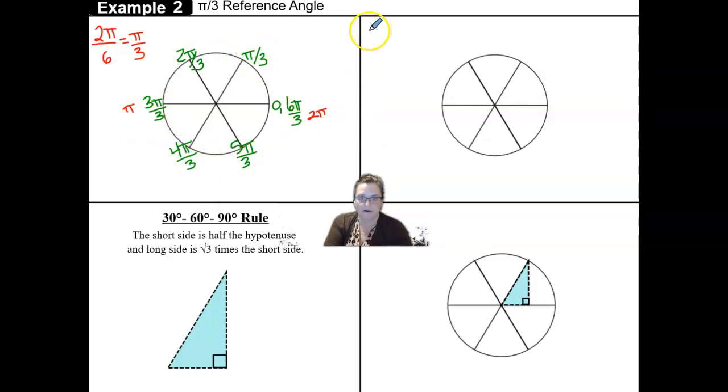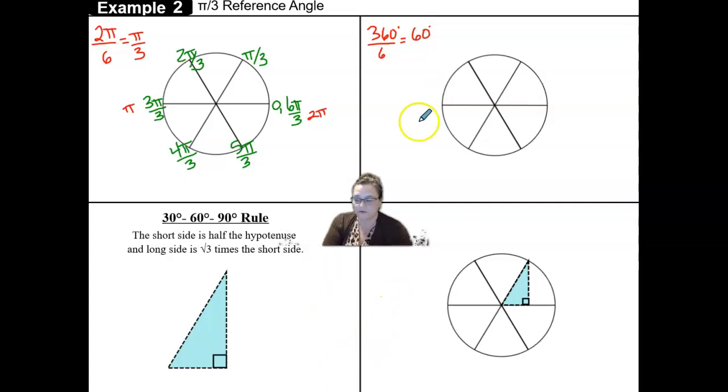Okay, there are 360 degrees in a circle, and if I divide that into 6 congruent sectors, each one of those sectors measures 60 degrees.